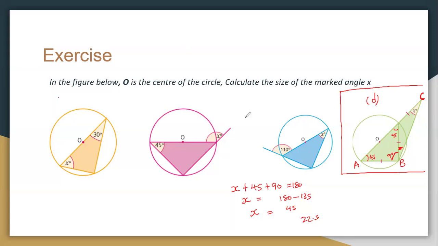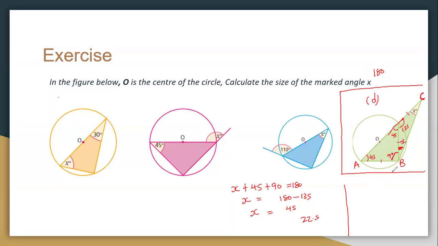I used another method. So after getting 45, now at the top right corner, it makes a straight line. So the other side after calculation is 135 degrees. And considering that it's an isosceles triangle, the bottom corners are equal.